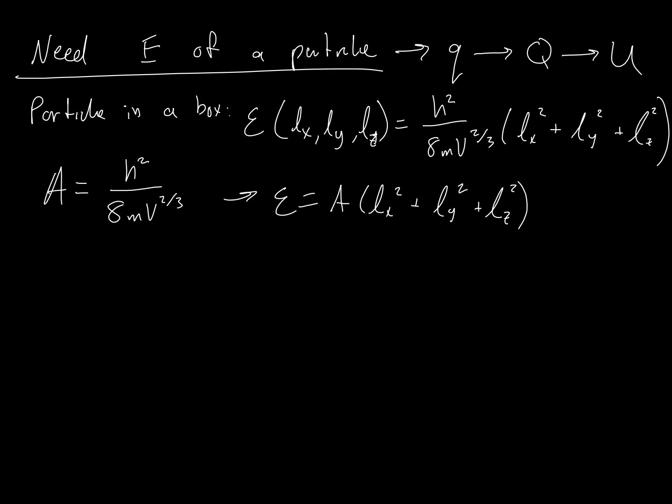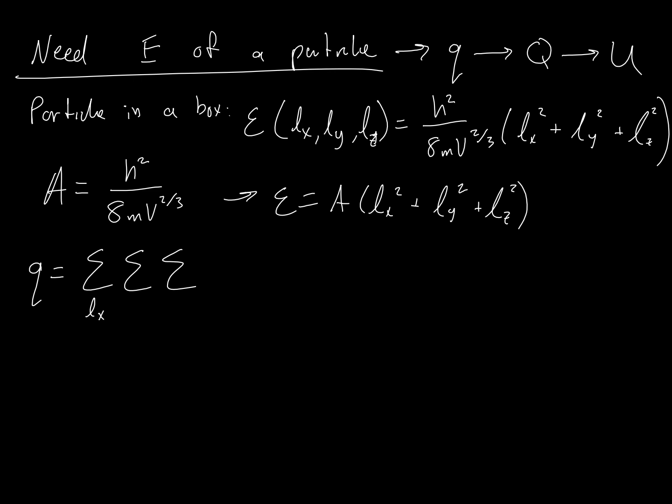Okay, so now we have a model of how the energy of one particle should behave. So we can write out the partition function. The partition function is just adding up all of the energies for all the possible configurations of all the possible states. So what we have then is a triple summation. Because in our energy function, I can't control Planck's constant, I can't control the mass of the particle, and I'm in the canonical partition function, so the volume of my box is fixed. So the only thing that I can change to control the state of the particle is Lx, Ly, and Lz.